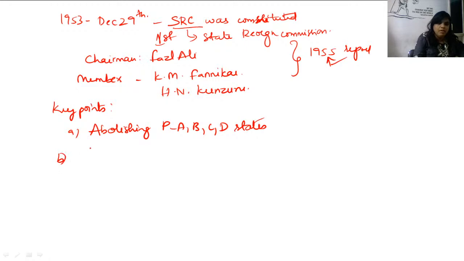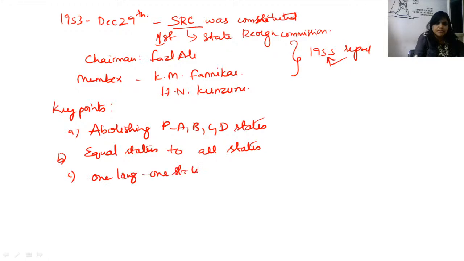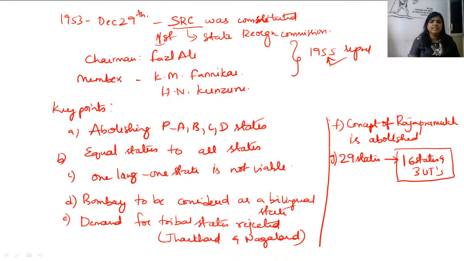It also emphasized on giving equal importance, it mentioned that one language is not viable. It's not a possible principle. Instead of Part A, Part B, Part C, Part D, it said that 16 states and 3 UTs only need to be created.